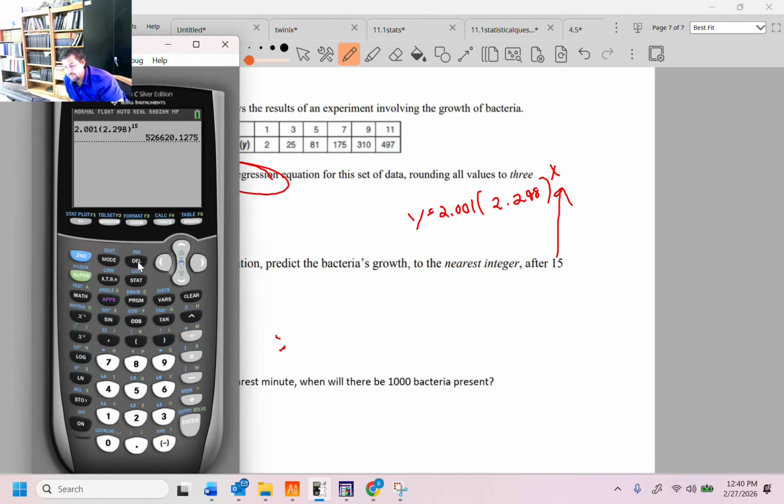Did I not copy my equation? I think I missed a decimal, didn't I? Stat, calc, got in a hurry. What's going on here? Exponential regression. No, I'm doing power regression, sorry.